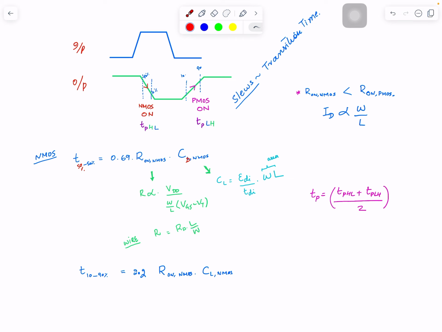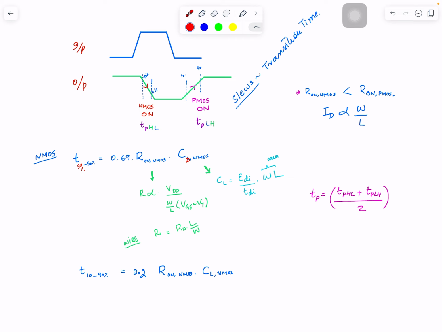The longer the wire, the higher resistance. Same case for the transistor: the longer the channel length, the higher the resistance. So you understand these three or four parameters for resistance. Now for capacitance, what are the parameters?